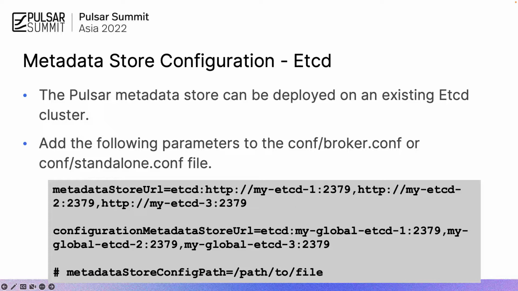Again, note in this example, we're using two different sets of etcd nodes for local versus global. Last but not least, if you want to fine-tune the configuration of your etcd metadata store, this is the local one, then you can use the config path property shown here, metadata store config path, to point to a configuration file locally that contains all the settings you want etcd to use.